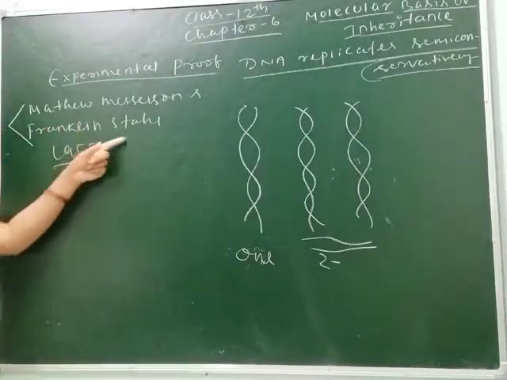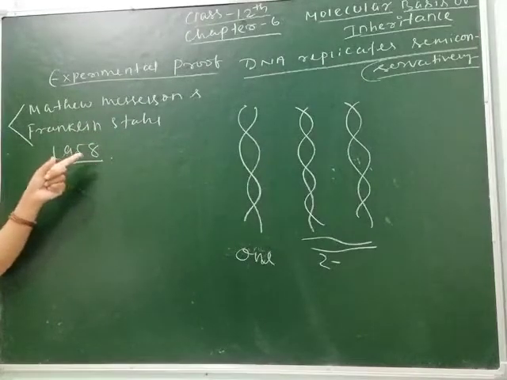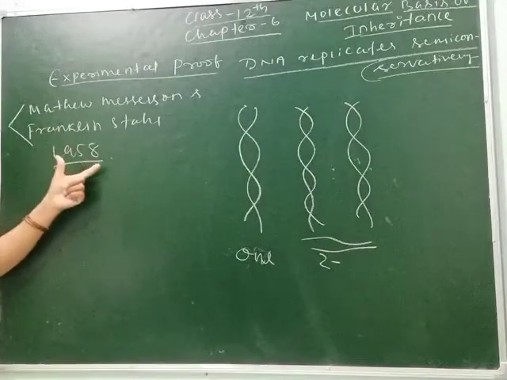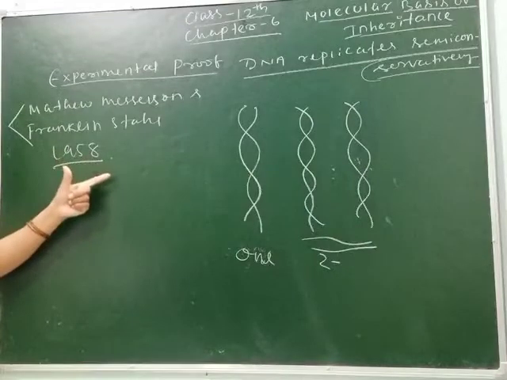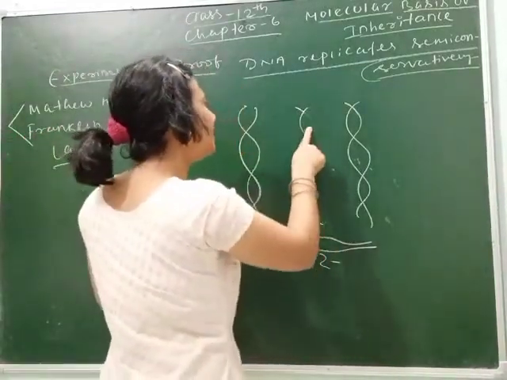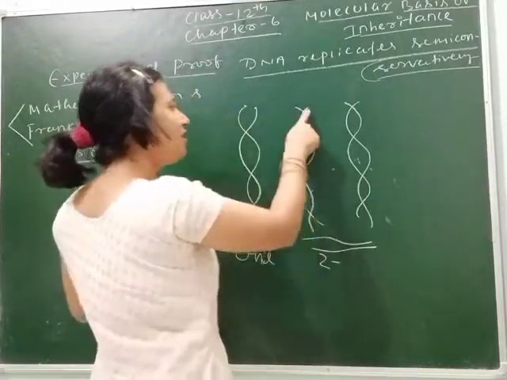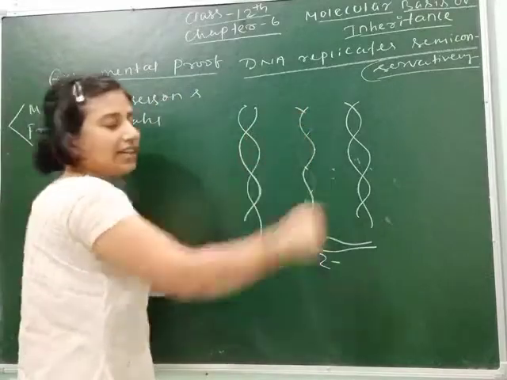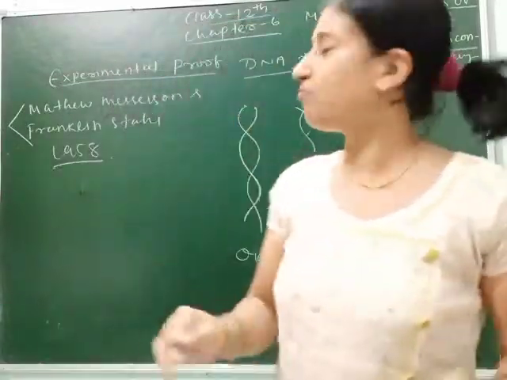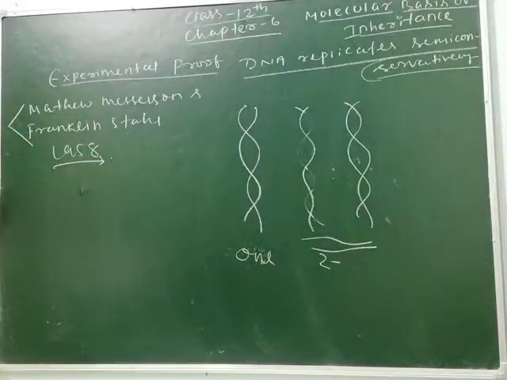In 1958, they showed that DNA replicates semi-conservatively. Means when the strands separate, each gives a template strand, and a copy of that template strand is formed, which is complementary to the other strand, and the base pairs also form complementarily. So how did they do this experiment, let's understand.